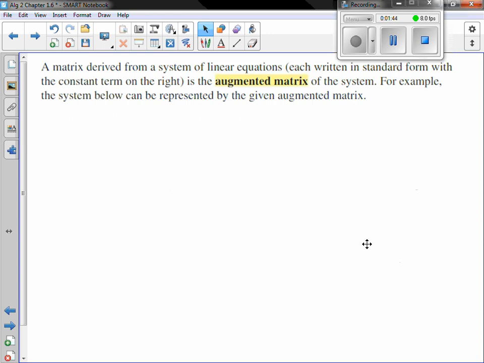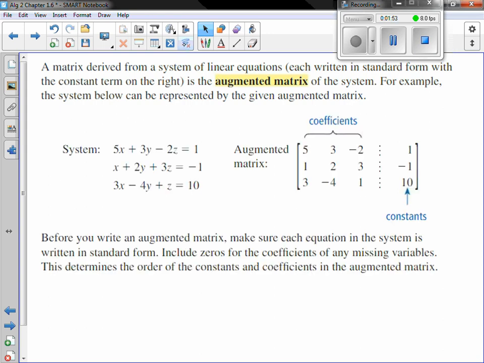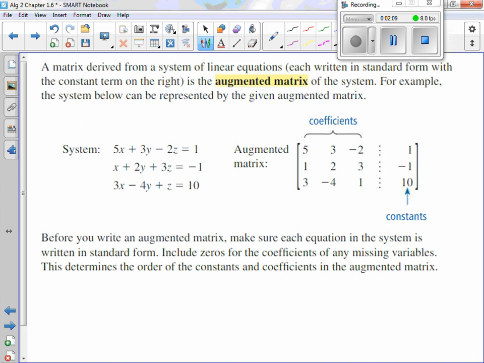Now, a matrix derived from a system of equations, written in standard form, is the augmented matrix of the system. So if we have this 3 by 3, this 3 variable system of equations, we can rewrite it as an augmented matrix like this here. One of the things we have to make sure of is that in these 3 equations, all the variables line up.